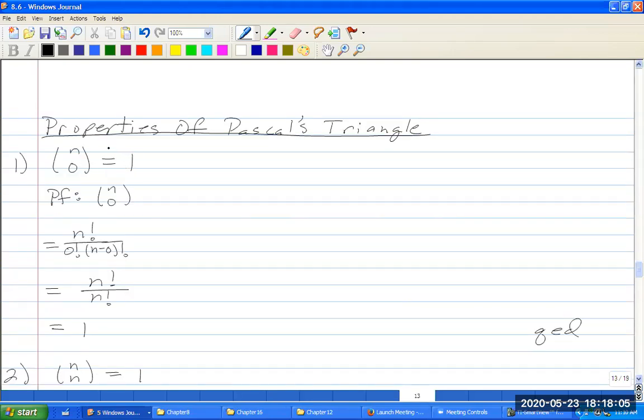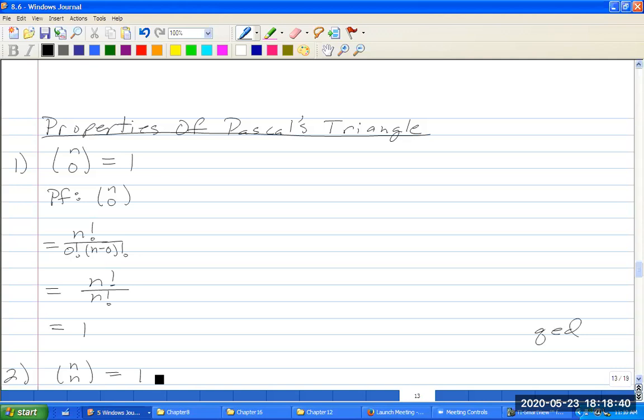Well, let's use the definition of nCr: n factorial over r factorial times n minus r factorial. So letting r be 0, it's n factorial over 0 factorial times n minus 0 factorial, but n minus 0 is n. 0 factorial is 1. The n factorial cancels with n factorial to give you a 1.